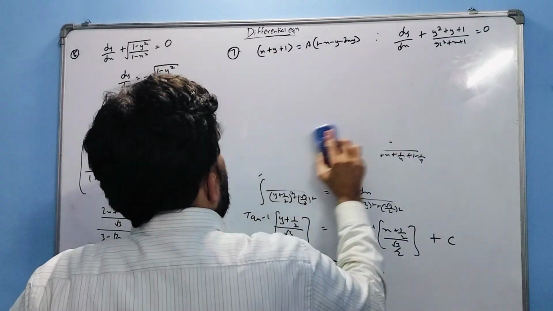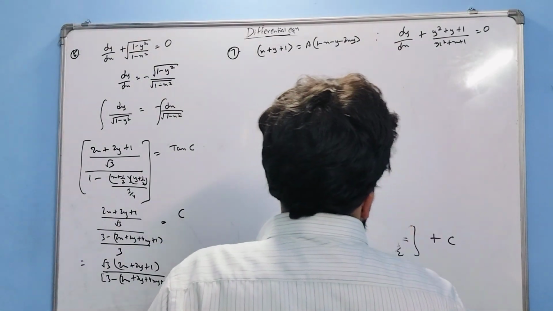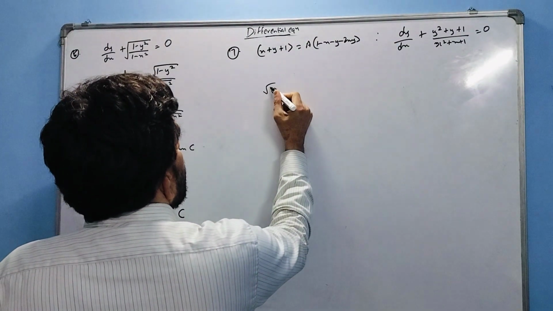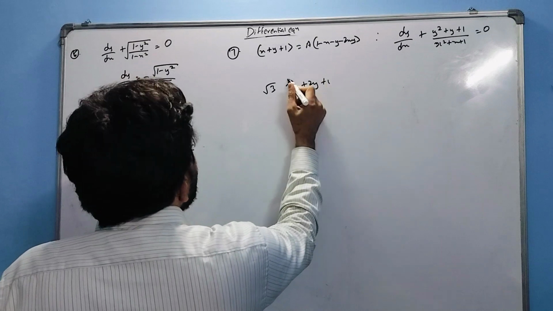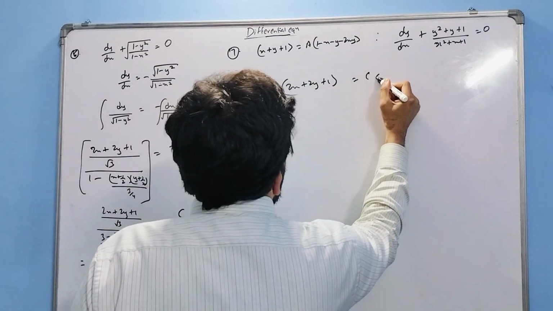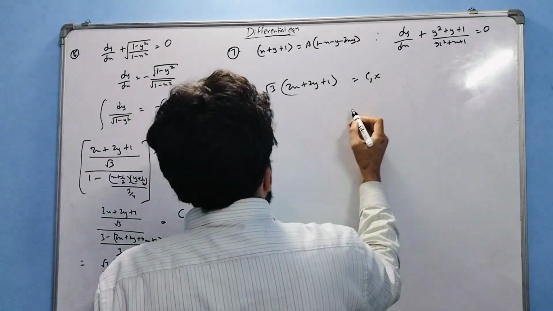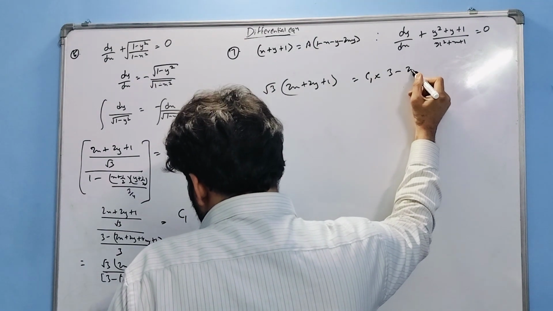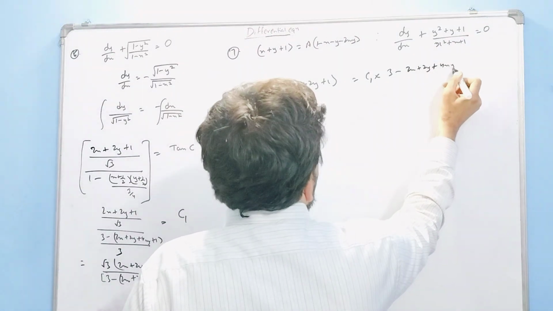So now what we have here in a very simple situation, we'll take this root 3 (2x plus 2y plus 1) is equal to C into, I can take it as C1, okay, into (3 minus 2x plus 2y plus 4xy plus 1).